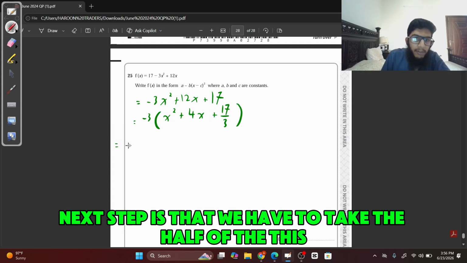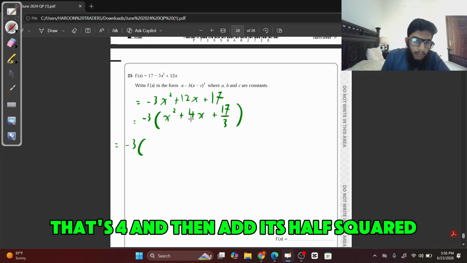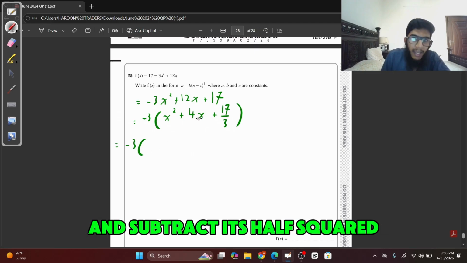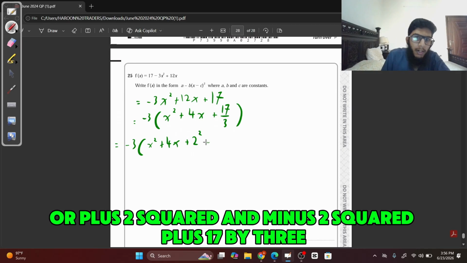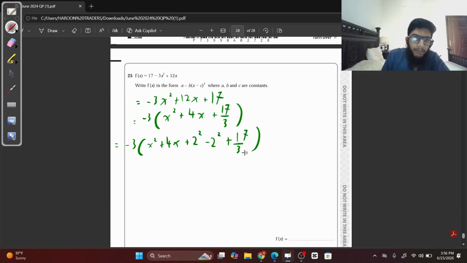Next step is that we have to take the half of this, that's 2, and then add its half squared and subtract its half squared. So x squared plus 4x plus 2 squared, and minus 2 squared plus 17 by 3.